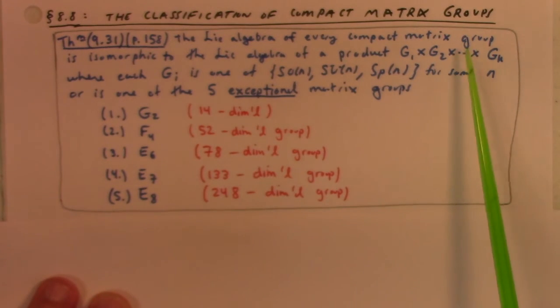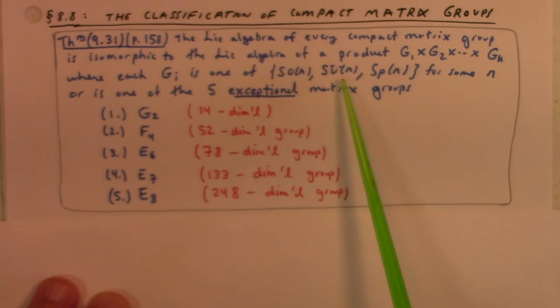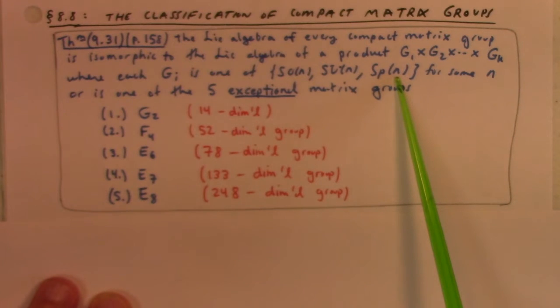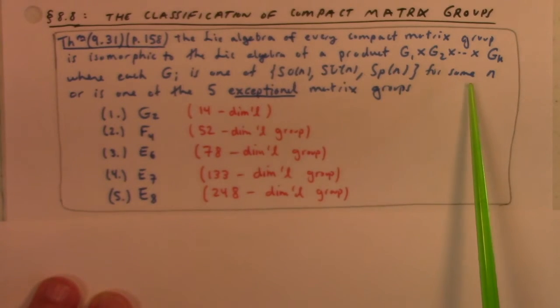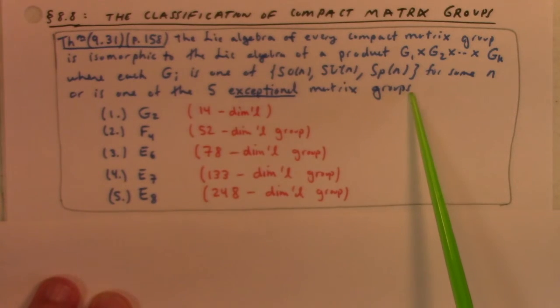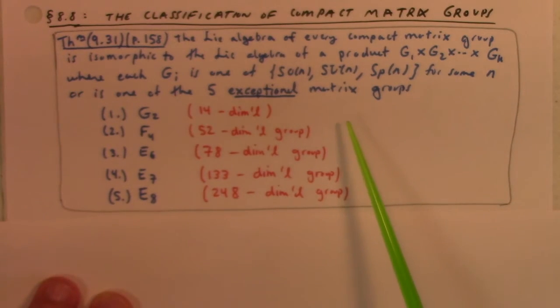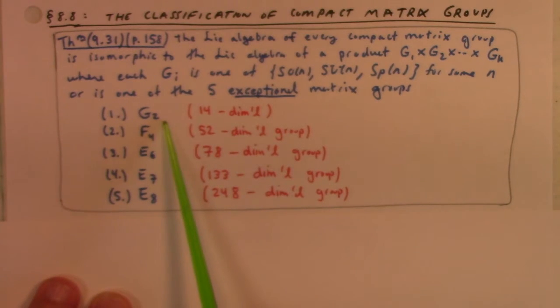So in other words, the basic building blocks for compact matrix groups are direct products of the special orthogonal, the special unitary, and the symplectic groups of order n, and these five exceptional matrix groups. Now these are not families of things. These are just five specific oddball groups that also appear in the classification: G2, F4, E6, E7, and E8.